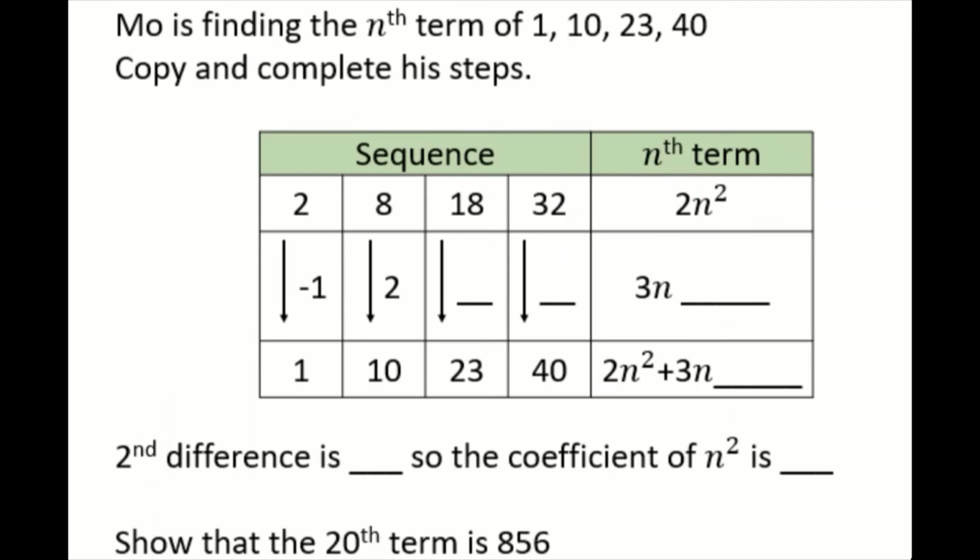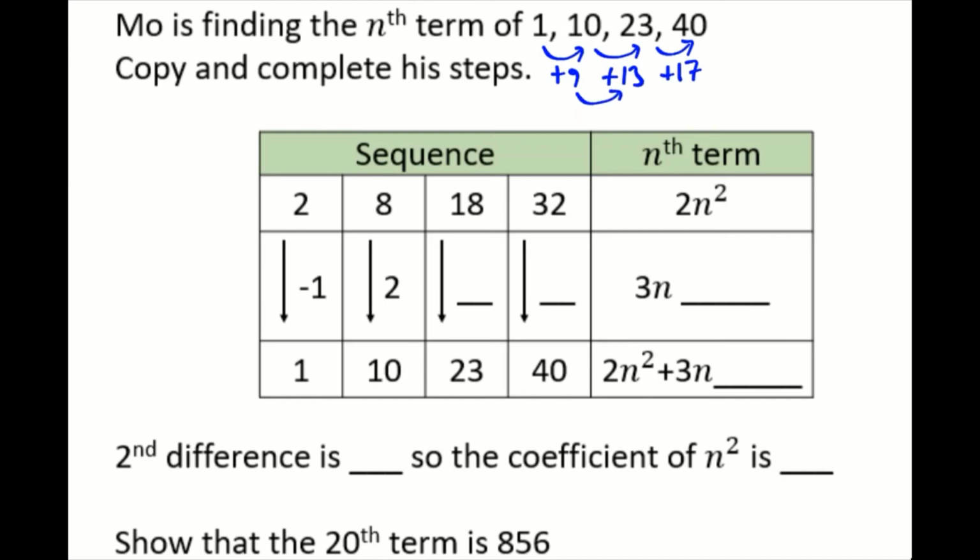We can use this to work out the nth term formula for a quadratic sequence that's not just a multiple of n squared. So this sequence here, 1, 10, 23, 40, there's nothing that we can just add on each time, because, for example, if we add 9 here, but then from 10 to 23, that's adding 13, and from 23 to 40, that's adding on 17.